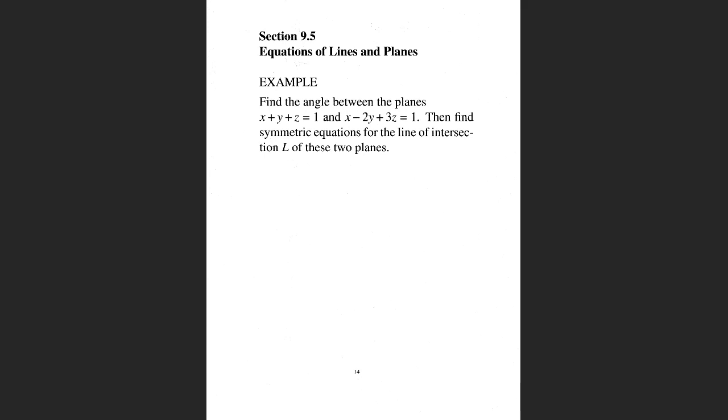Very interesting, because we have two planes. Just out of curiosity, are the planes x plus y plus z equals 1 and x minus 2y plus 3z equals 1 parallel, or are they not parallel?